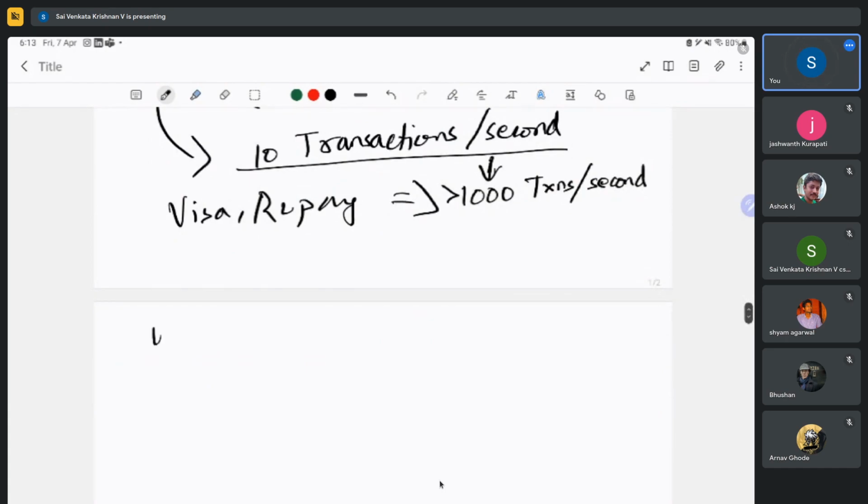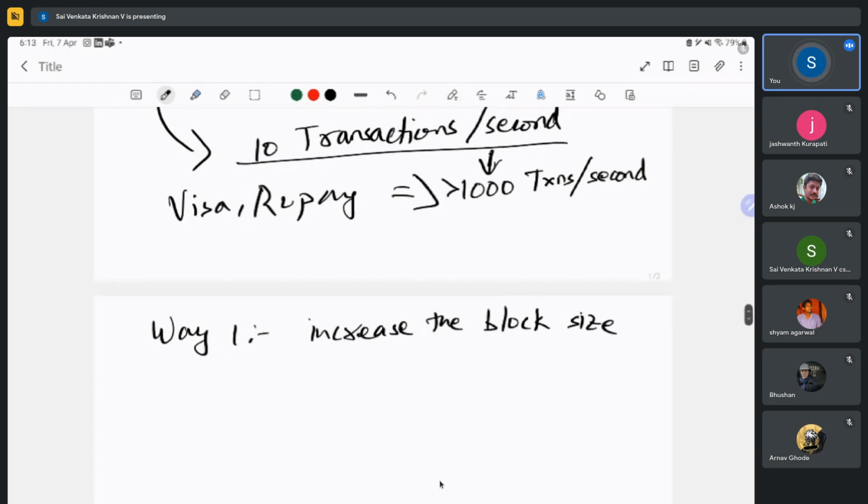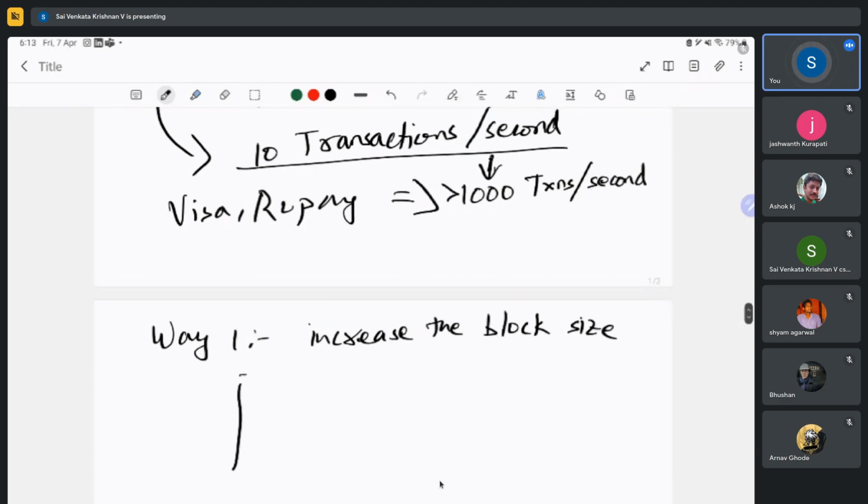So the first way is to increase the block size. Currently, I guess Bitcoin has a limit on every block, right? If you take a block, it has so many transactions, transaction one, transaction two, like that n number of transactions, and how many transactions it can include in a block is limited by the block size.